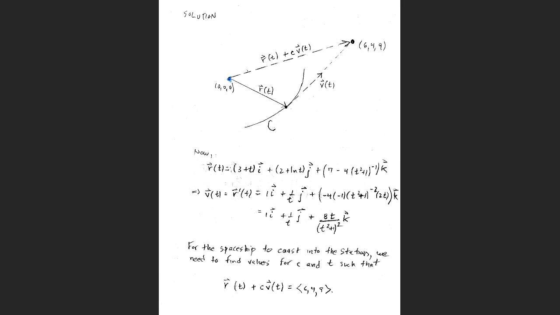And then you have the spaceship, going along this path. The position vector is r of t.